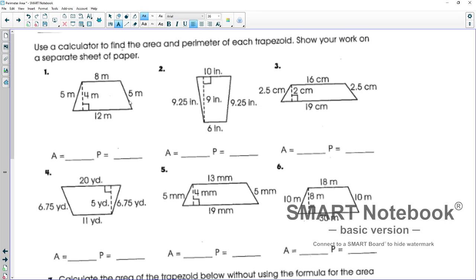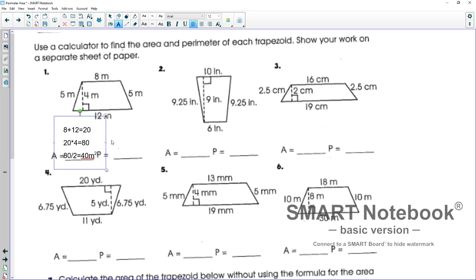If I want to find a perimeter, I'm going to add everything on the outside. Let me just show you real quick how you can write this down. So again, area, 8 plus 12 equals 20. 20 times 4 equals 80. 80 divided by 2 equals 40 meters squared.